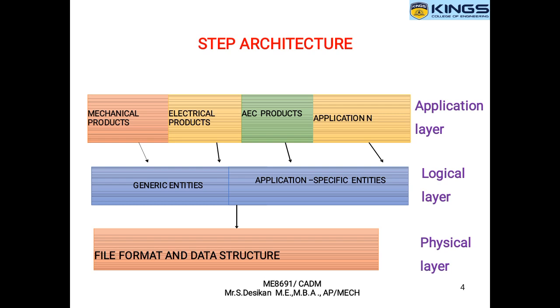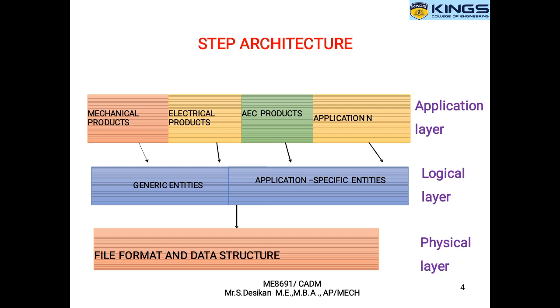The application layer is related to product areas. In the application layer, we have mechanical products, electrical products, AEC products, that means architecture, engineering and construction products, and application products. These are all available at the application layer.